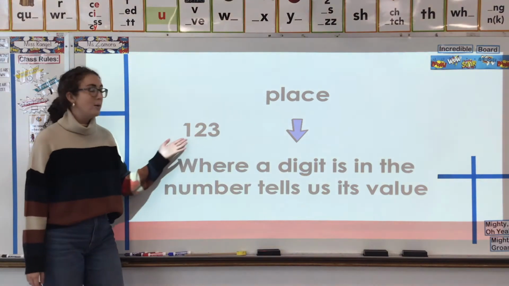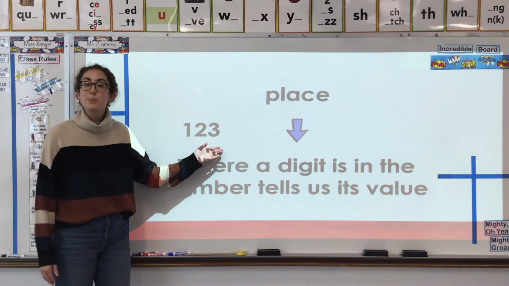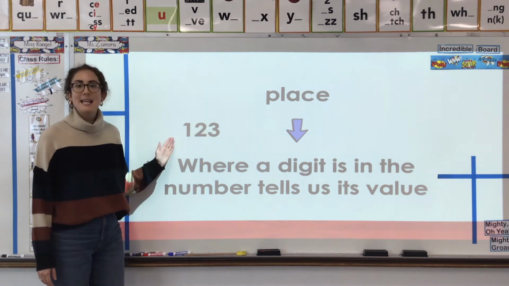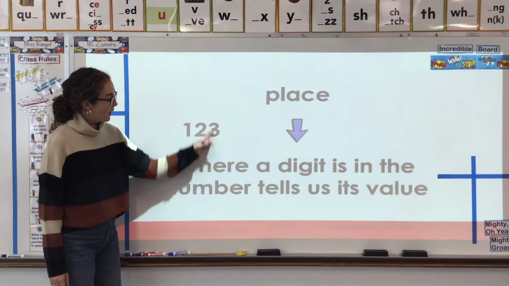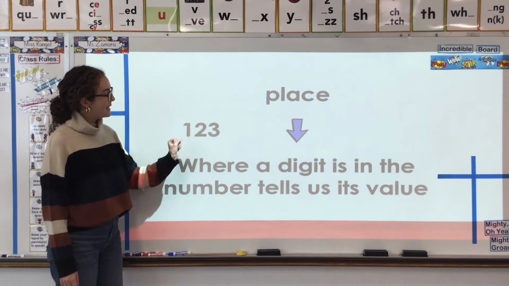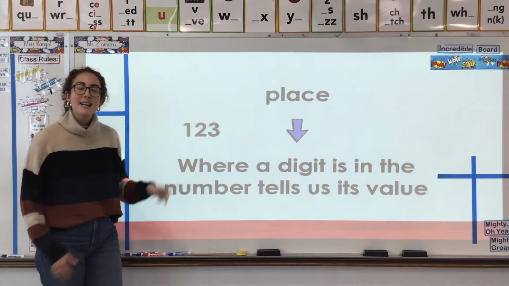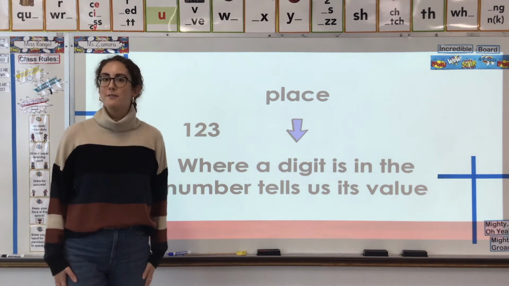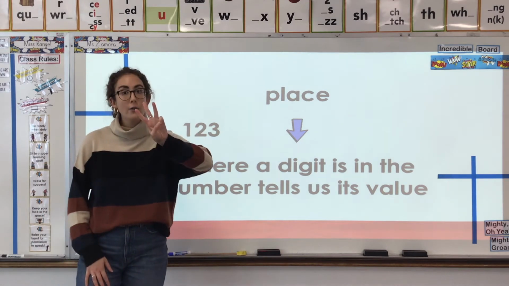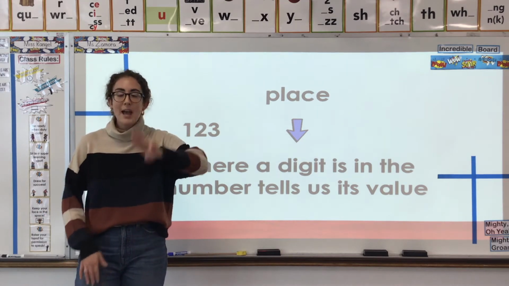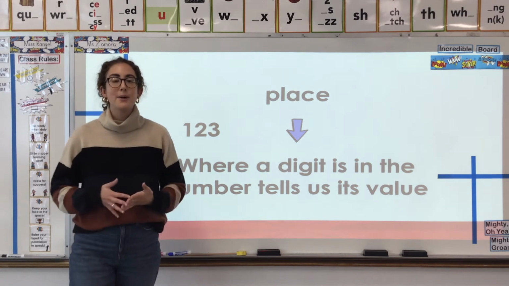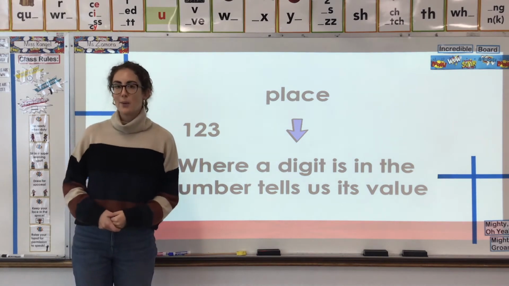So the value of each digit depends on its place, where it is in this 3-digit number. Our ones, our tens, and our hundreds place gives each digit a different value. So all 3 of those words work together to help us talk about numbers and how much they are worth.